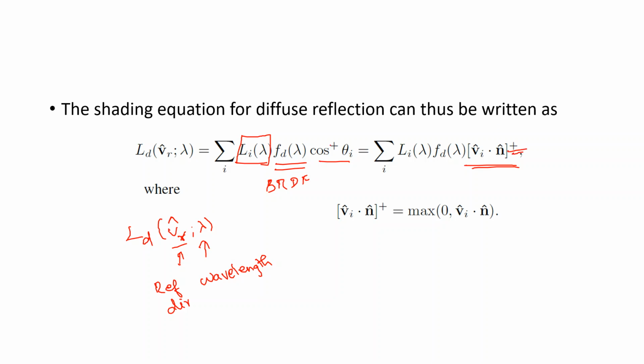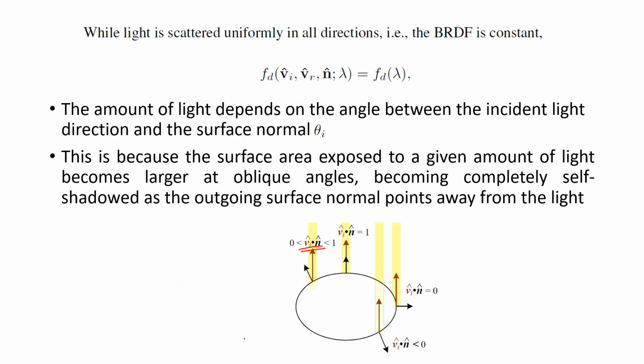This plus indicates the value can only be positive, which means it can take all values greater than 0. Negative values are not possible, because if we take a negative value of cos, the light won't affect the image, so we won't get that image correctly. If it is negative, this part won't be captured by the camera.